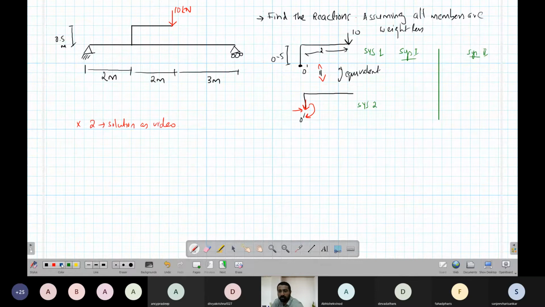The summation of all forces in the x direction of both systems should match, the summation of forces in the y direction, and the summation of moments about some point, O dash.